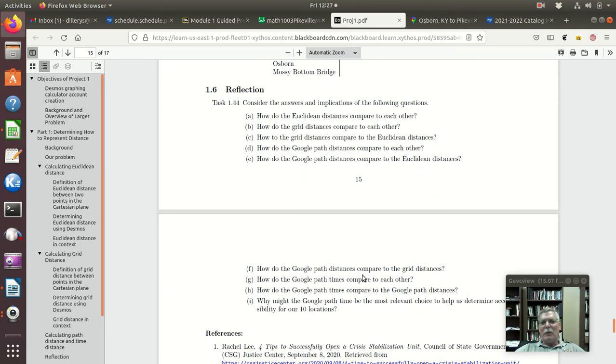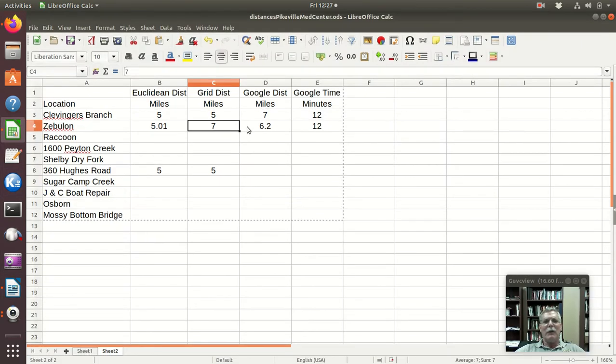And how do the Google Path distances compare to the grid distances? Now it starts to get interesting because I think you can even see here, the Google distance is bigger than the grid distance here, but look, it's smaller than the grid distance here. And you should get some mixed results in here. And so that's interesting. When I'm thinking about grid distance versus Google distance, is one bigger than the other one?